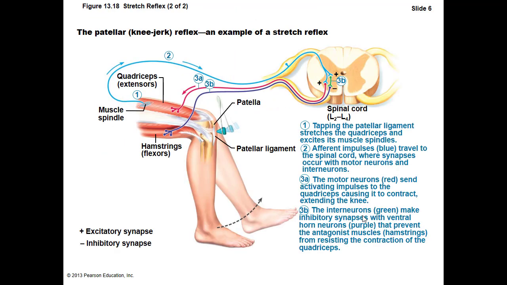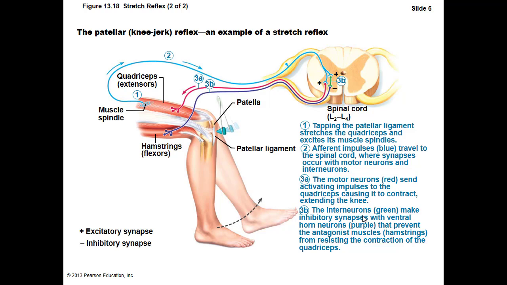Now, looking at the first one, the stretch reflex. Have you guys gone to the doctor and they take the little hammer and hit your knee? What happens to your knee? It kicks out. You're like, well, that's so cool. There's a reason for it. What they're trying to hit is the patellar ligament, which we'll review from lab this week, that goes right from the patella down to the tibia.